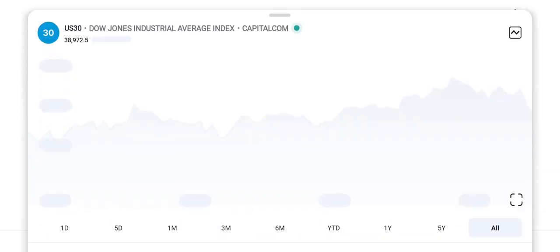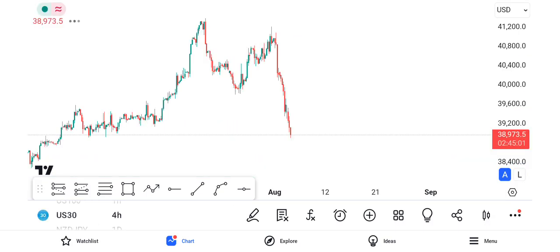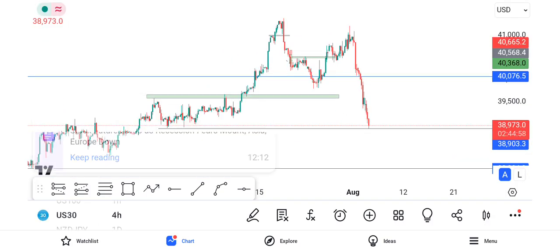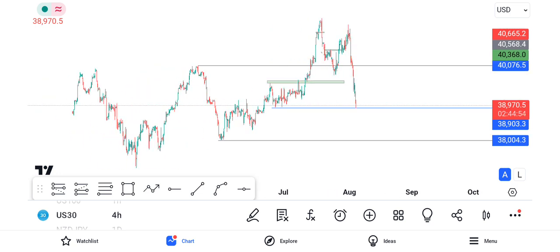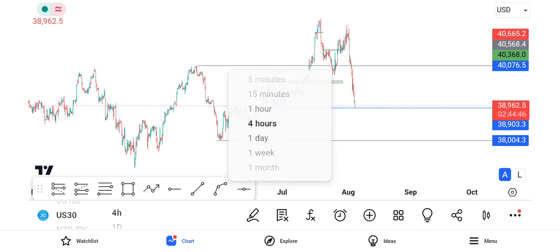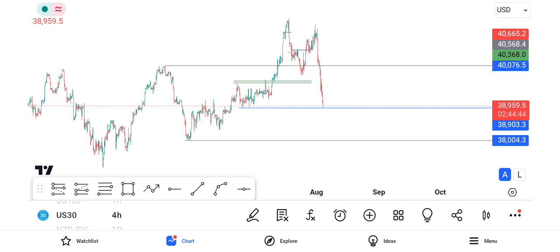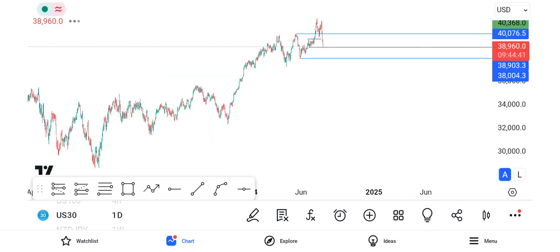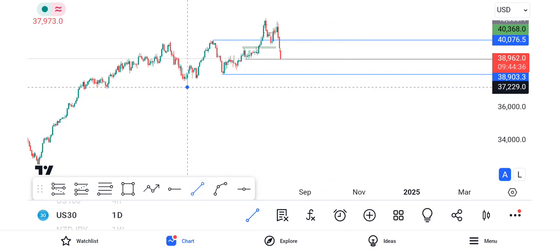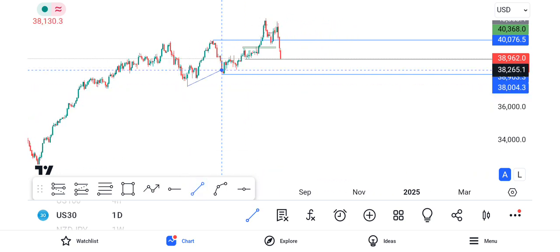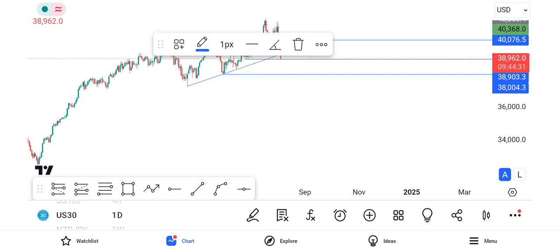Going to US 30. Wow, US 30 is bearish, undoubtedly bearish. This price wants to come down.